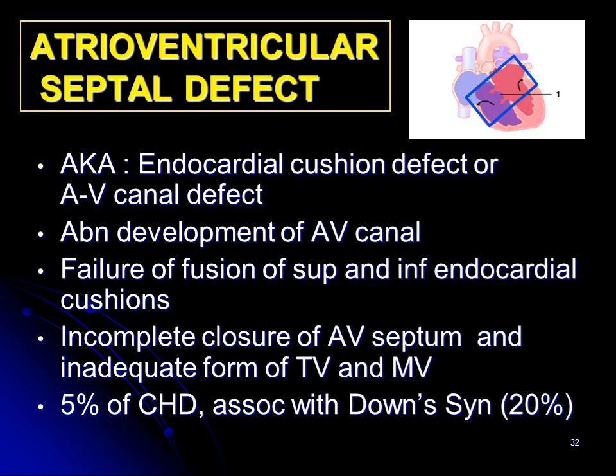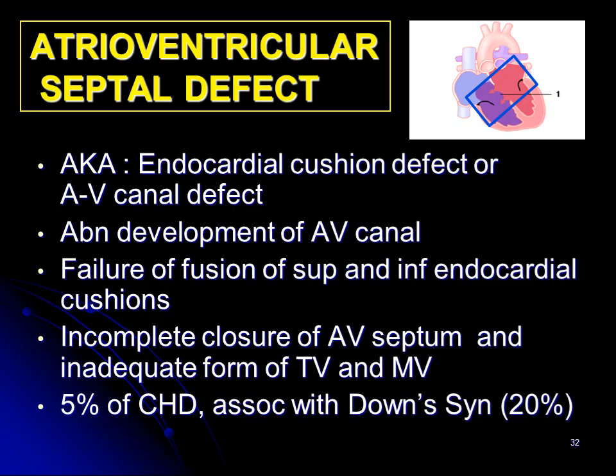The primary defect is the failure of the formation of that part of the heart that arises from the embryonic structures called endocardial cushions. The endocardial cushions are responsible for separating the central part of the heart near the tricuspid and mitral valves, which separates the atria from the ventricles.